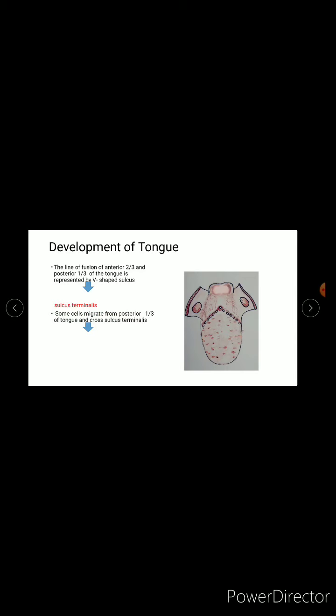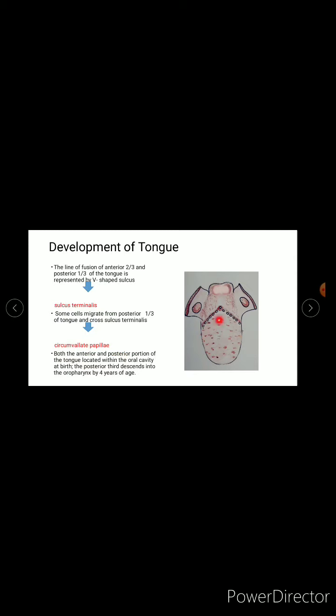Now the anterior two-thirds of the tongue fuses with the posterior one-third, and this junction is represented by the V-shaped sulcus known as the sulcus terminalis. Some cells from the posterior one-third migrate and cross the sulcus terminalis, and these cells form the circumvallate papillae.